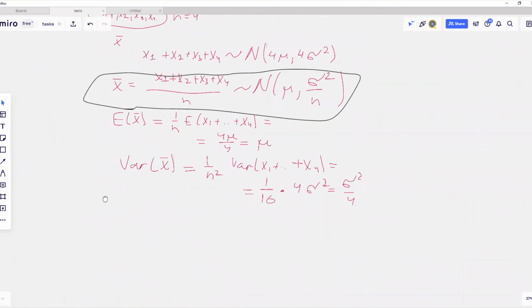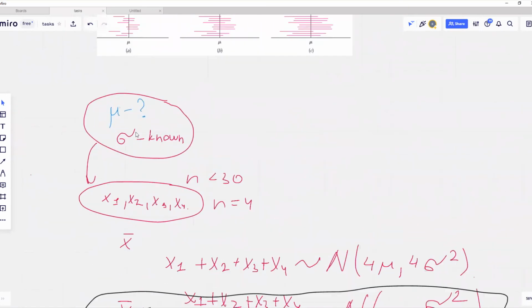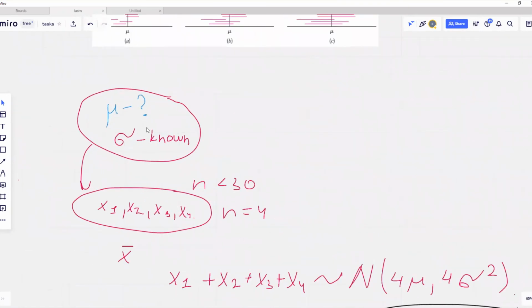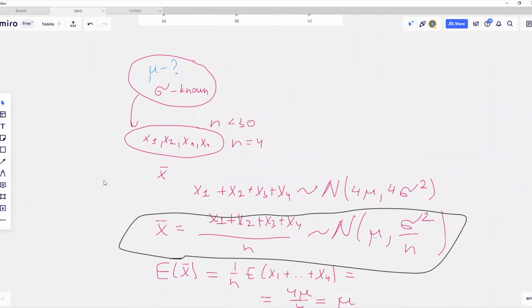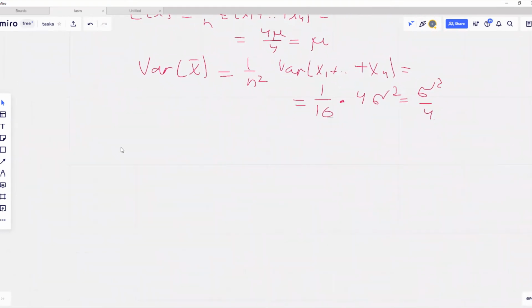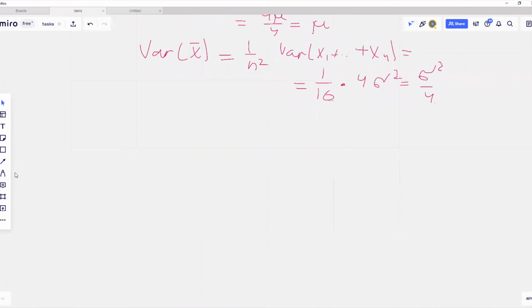Meaning that when building confidence intervals, in the case when the true population mean is unknown but the standard deviation of the population is known, we can use the same procedures that we used above. All right, now let's consider another case.